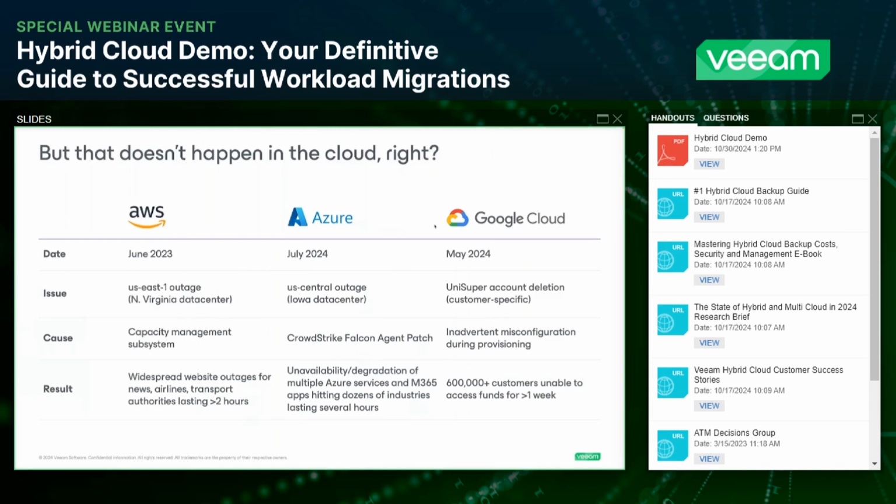So starting with AWS back in June of last year, 2023, if you're watching this on demand in a future year, there was an outage of US East 1. That's one of the regional data centers. It's their data center in North Virginia. There was an issue with the capacity management subsystem, which ultimately resulted in widespread outages for websites for a number of different organizations, news outlets, airlines, transportation authorities.